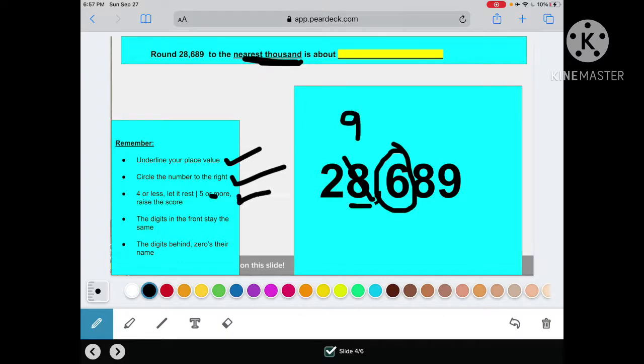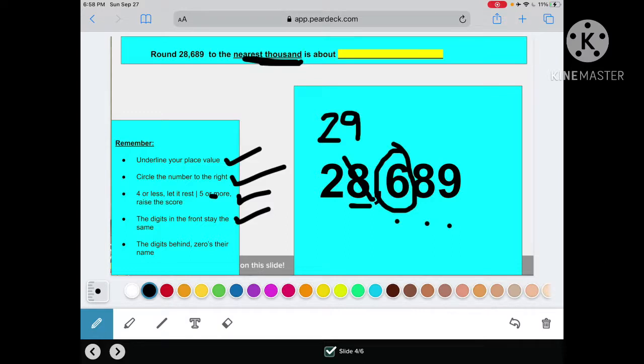Let's go ahead and cross off that step. The digits in the front stay the same. What's in front of that 8? Or what was in front of my 8? That's now a 9. Yeah, a 2. So that 2 is going to stay the same. It's going to stay right there. Cross it off. The digits behind zeros their name. So these are my digits behind, my 6, my 8, and my 9. They're behind my 9.